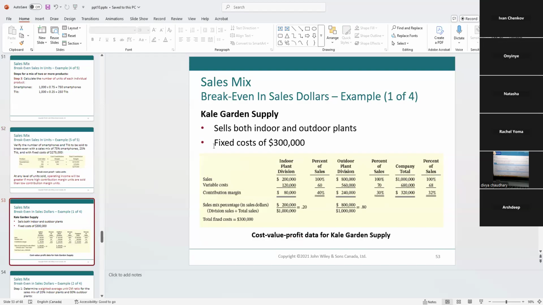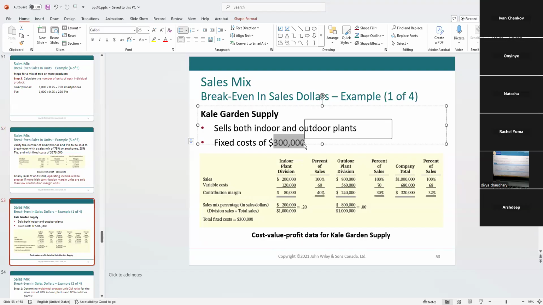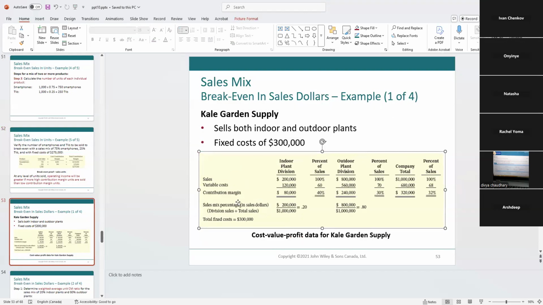Now, this company's fixed cost is $300,000, and they're producing two products, indoor and outdoor plants. So we have the percentage of each division.